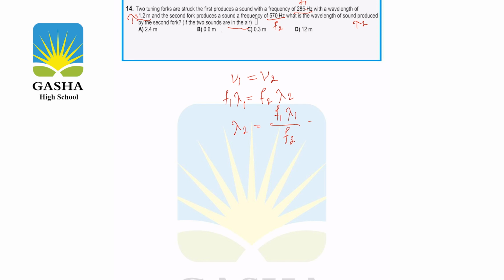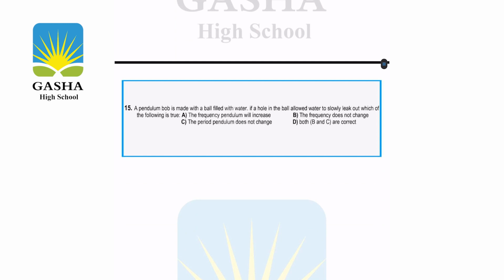Substituting the values, F1 is 285 times 1.2 divided by 570 hertz, and the result will be equal to 0.6 meter, which is the second option, B, the correct answer. Let's move on to question number 15.